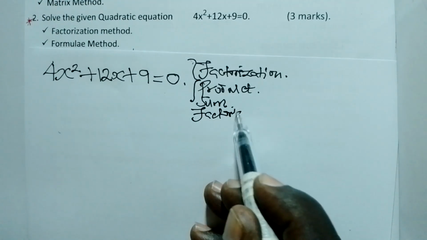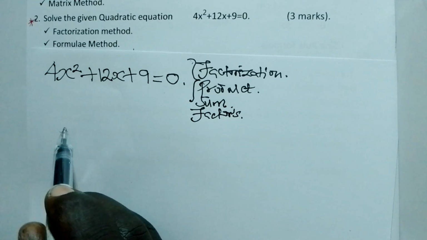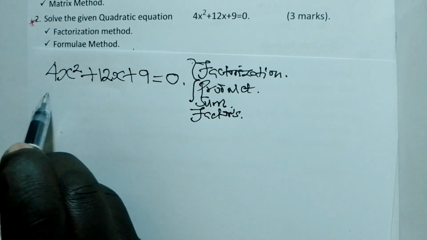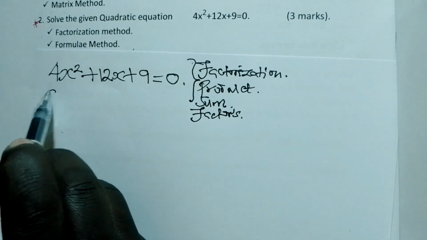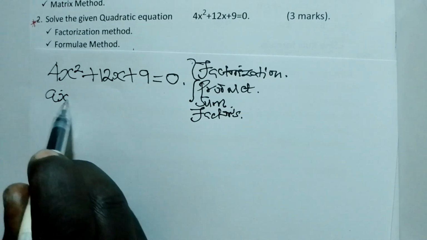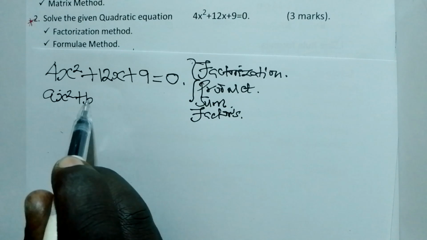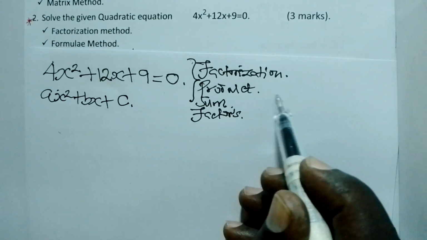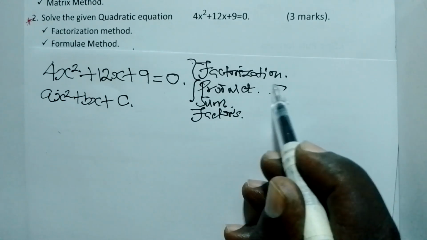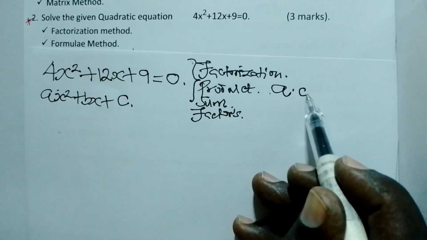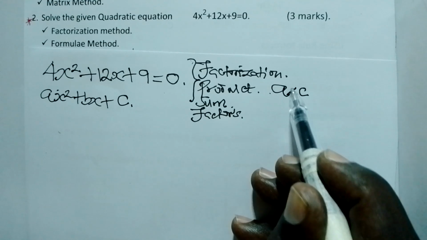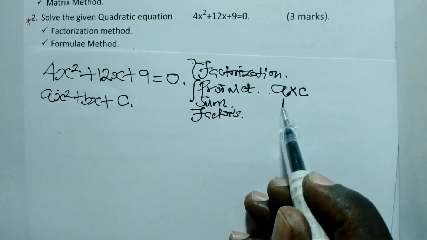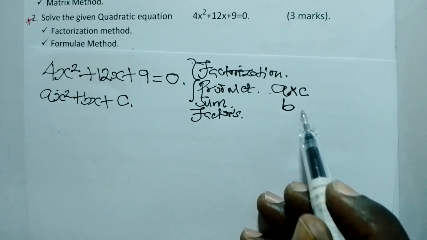Now, if you are given a quadratic expression ax squared plus bx plus c, the product is given by the value of a multiplied by c, and the sum is given by the coefficient of x, which is b.